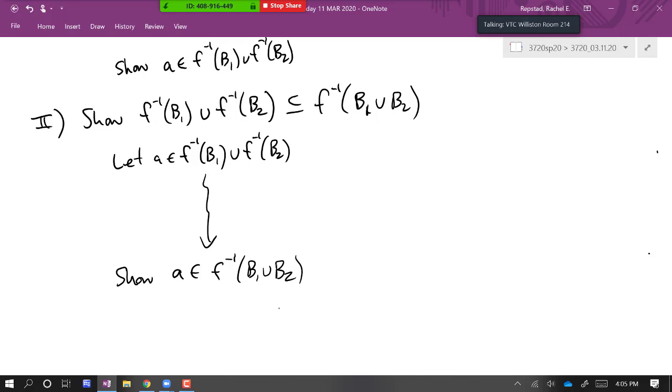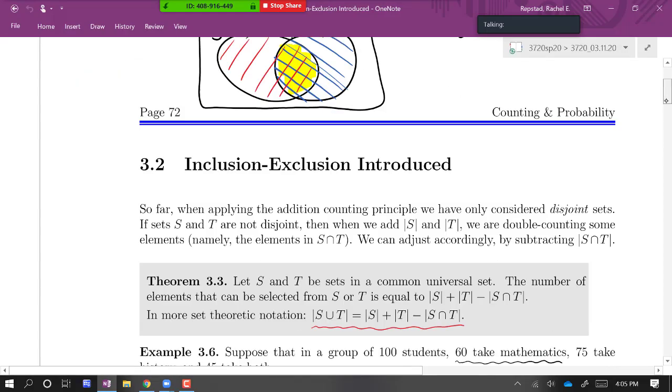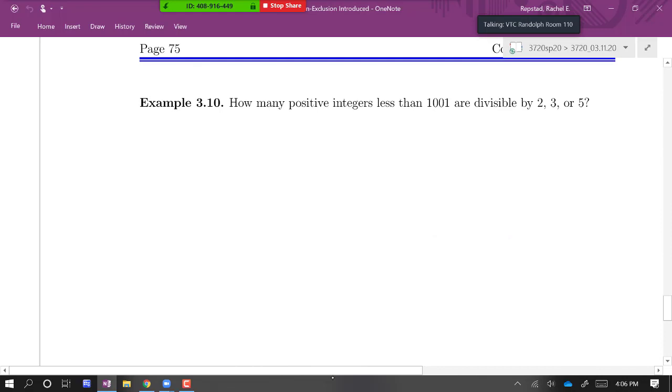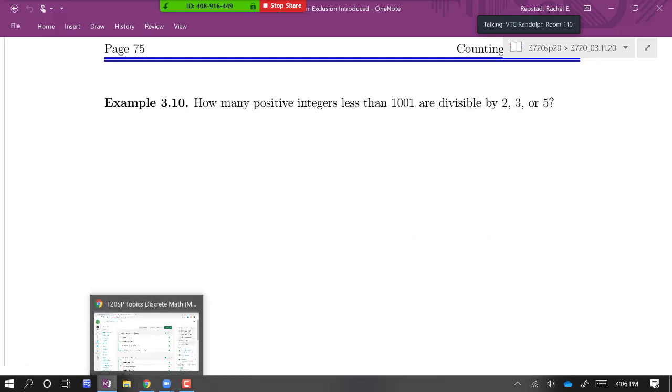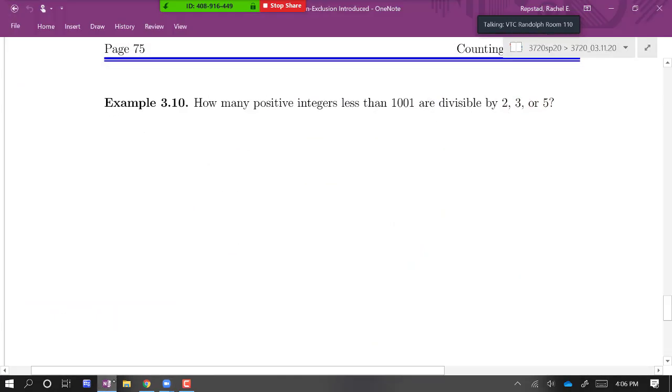Okay, should we do some counting? One more question about the redo part. If you redo it and you do worse than you did before, is it going to count? No, you cannot lose points. Okay, just making sure.